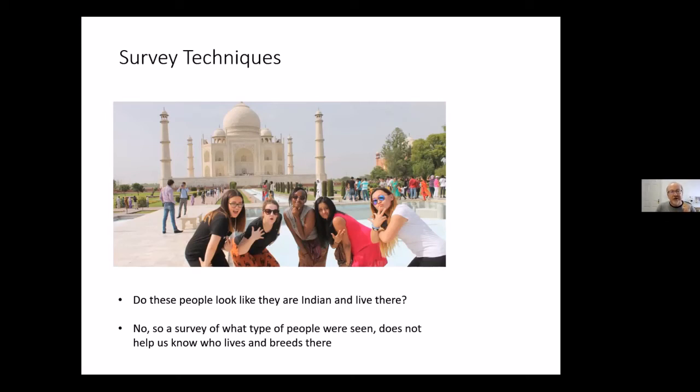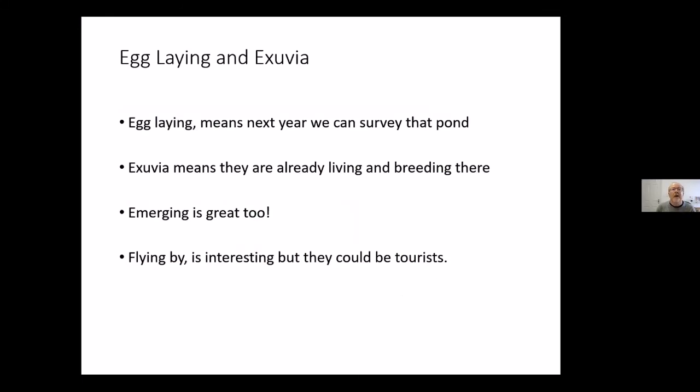Just because you can see a dragonfly at a particular pond or field does not mean that it lives there, it was born there, and it's breeding there. The way you know that is through either egg laying, but most importantly through exuvia. That means those eggs successfully turned into a nymph, and that nymph successfully turned into a dragonfly or damselfly.